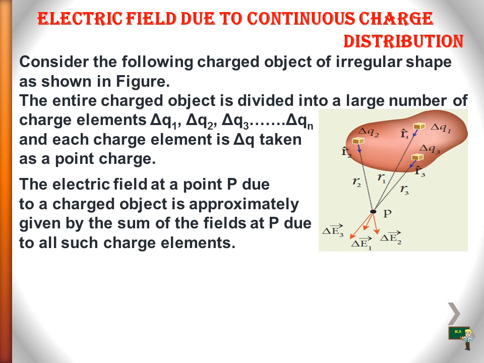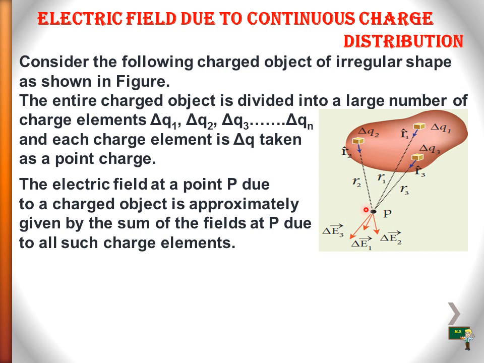You understand? Now the electric field at a point P, which is here, is due to the charged object. It is approximately given by the sum of the fields at P due to all such charge elements. That means the charge elements Q1, Q2, Q3 all meet at this point.